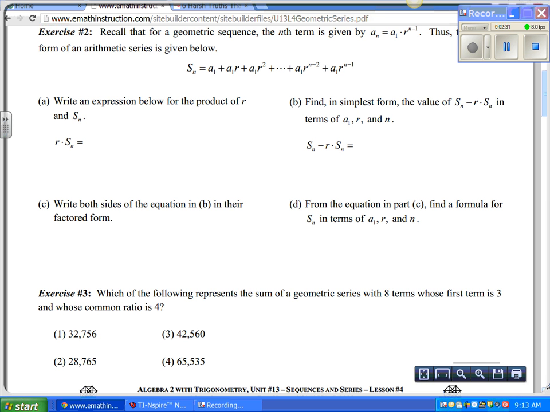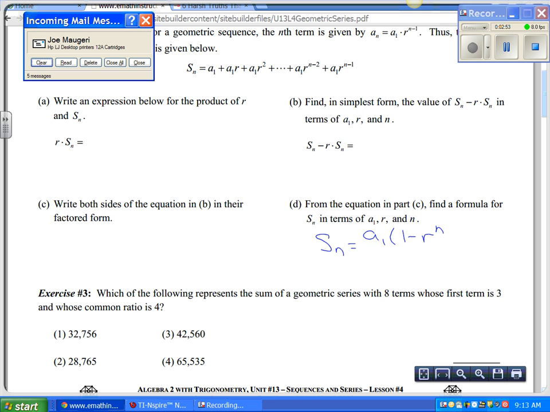So the formula that we're going to be using for the sum of a geometric series is the sum of n terms equals a sub 1, which means what? The first term, times 1 minus r. What's r? Common ratio, raised to the nth power. What's n? Divided by 1 minus r. So that's your formula. Now this is on your reference sheet.